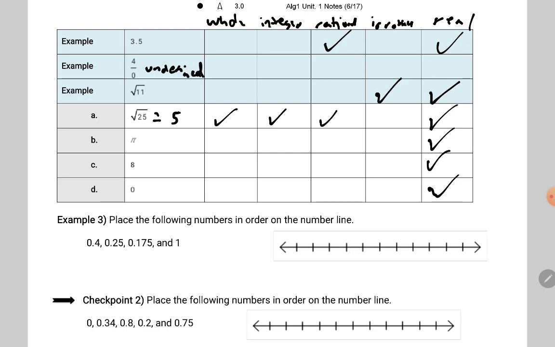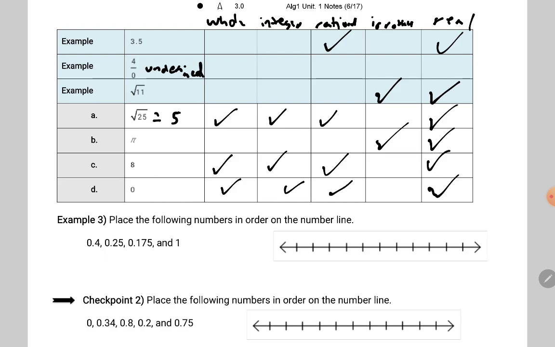Irrational, no. Pi is not a whole number, not an integer, not rational. It's irrational, and it's real. 8 is a whole number. That's positive, yep. Integer. Positive whole numbers work too. Rational, not irrational. 0, boom, boom, boom. It's a whole number. It's an integer. It's rational.